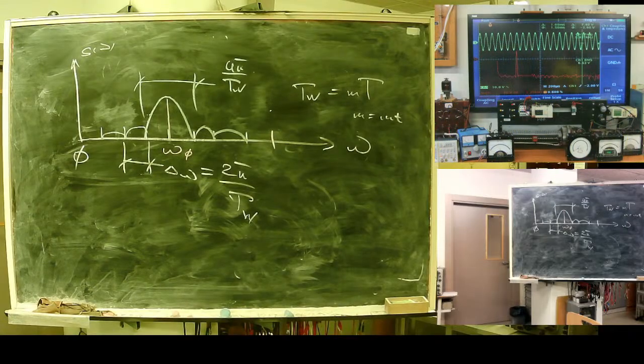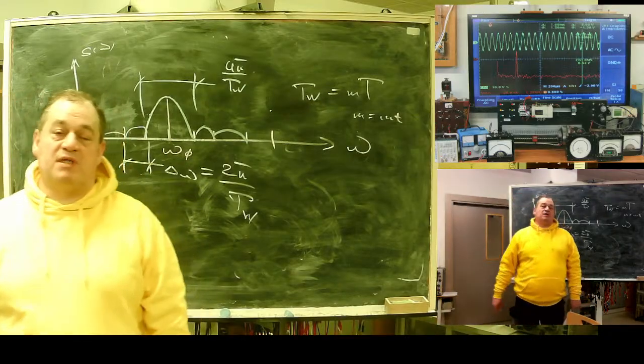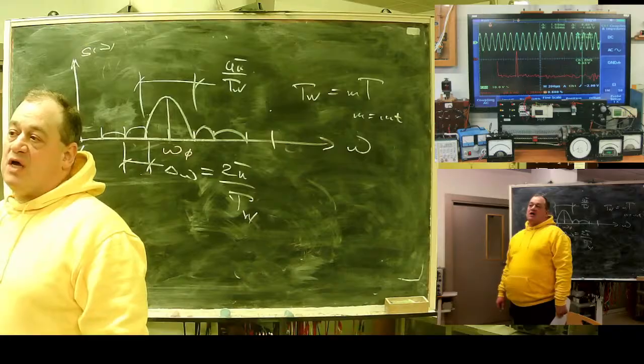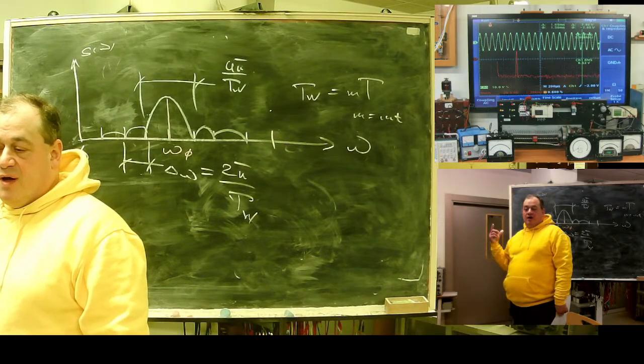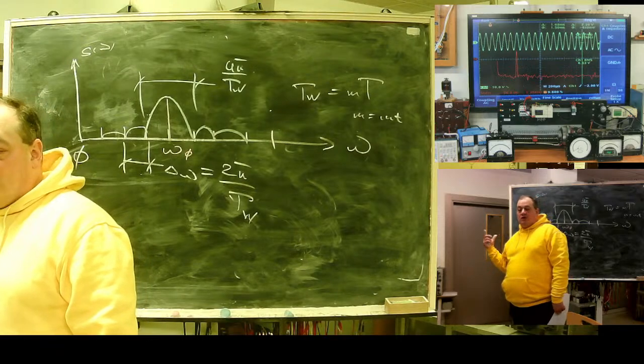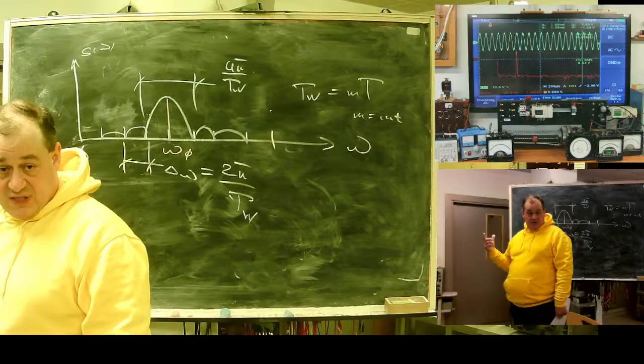Also, one trick can be done. It's a variable sampling rate. You can have 40, 39 or 41 samples per period, for example.